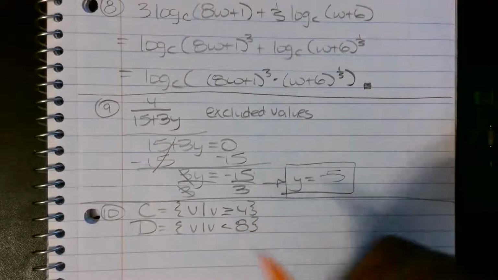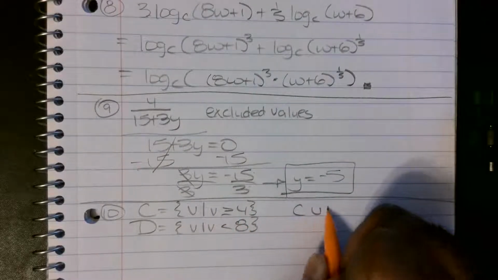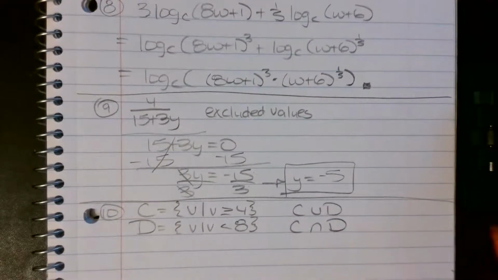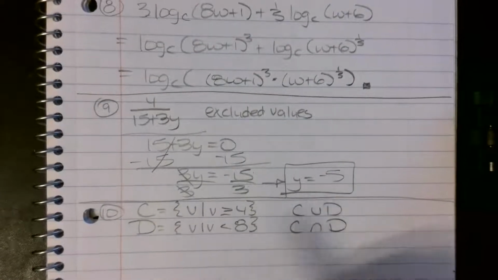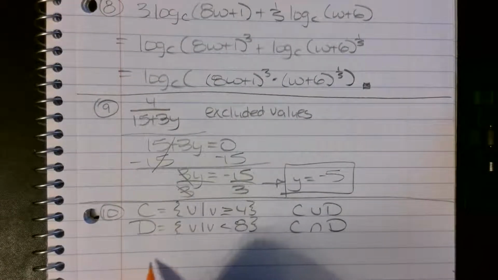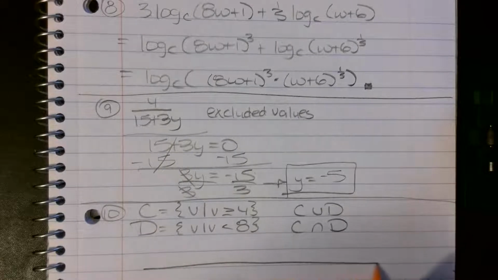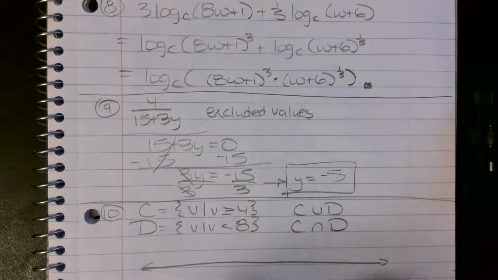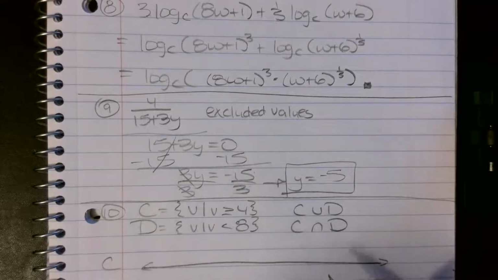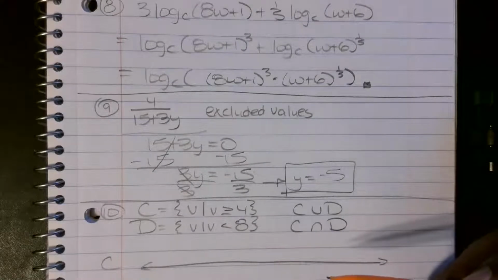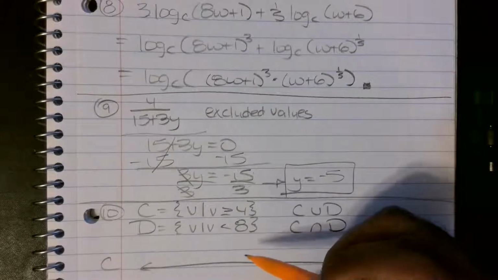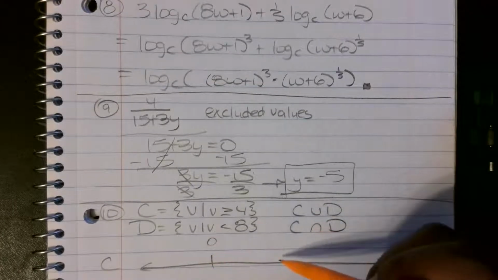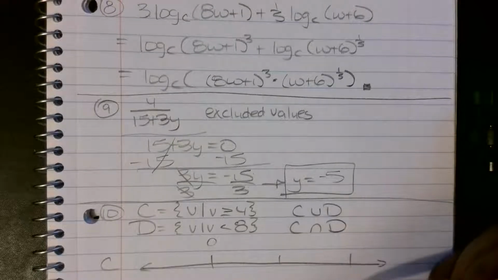We're asked to find C union D and C intersection D. So, easiest way to do this, in my opinion, is to do two number lines. This will be C, this will be D. You label it however you like. So let's say 0 for both of them, then 4 and 8.